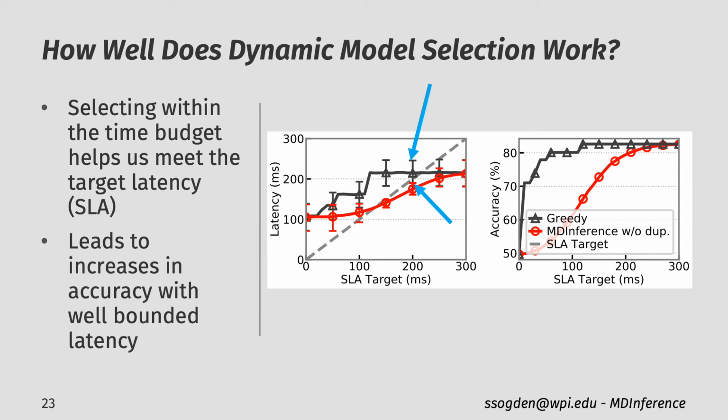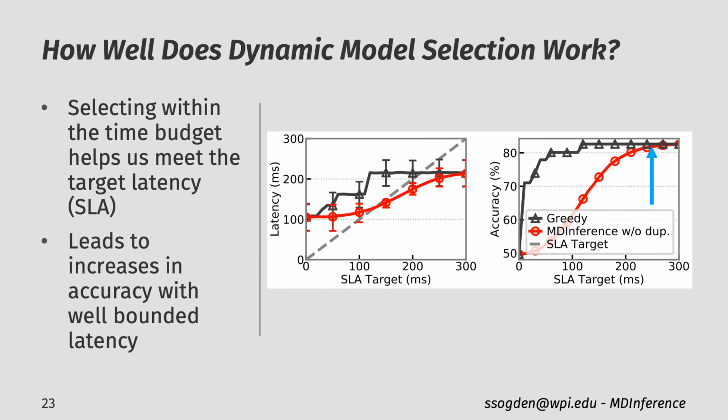We can see that the one standard deviation bar marked for MDInference is still within the target SLA, while the bar for the greedy algorithm just expands beyond it, showing that it has no attention paid to the SLA target at all, or getting results to the end user within a reasonable amount of time.